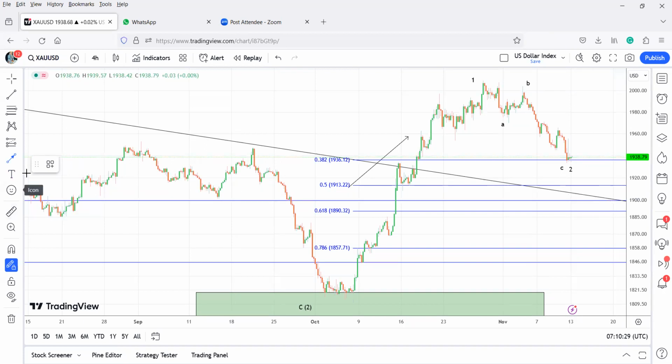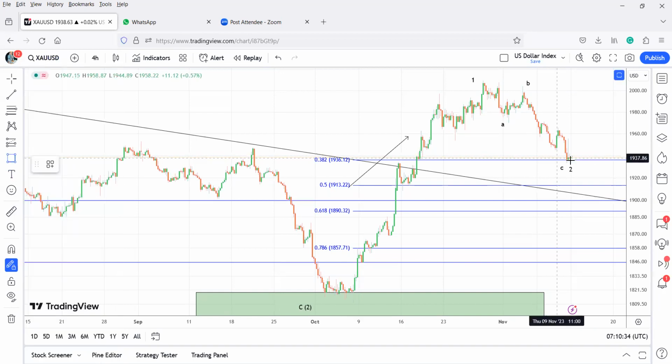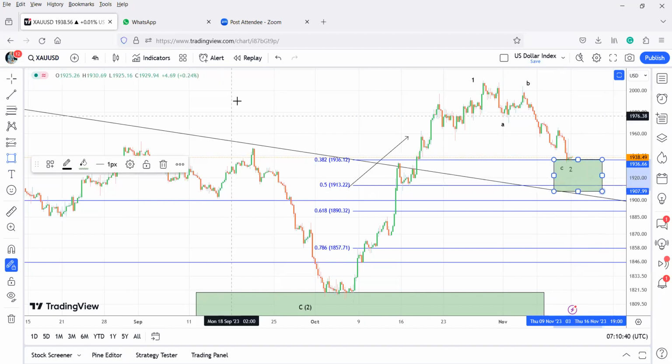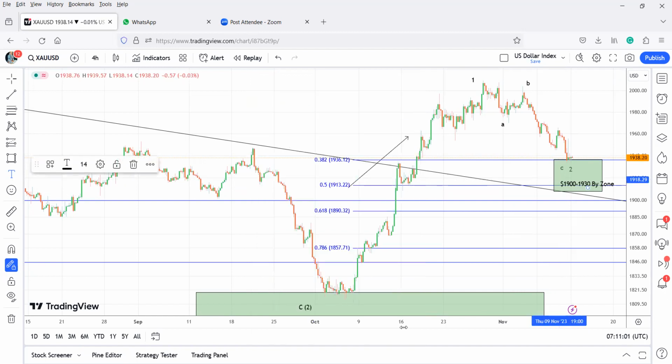So if we want to define the buy zone where absolute strong support is seen, this area is the buy zone. To be precise, 1900 to 1930 is the buy zone. All right.